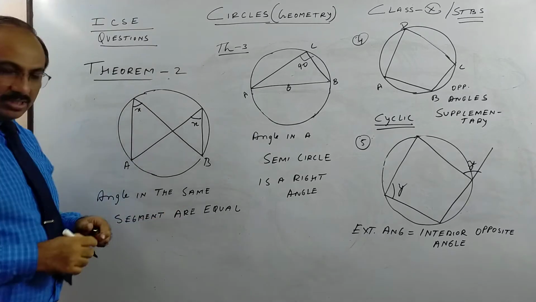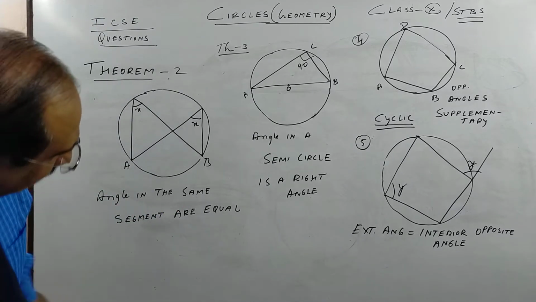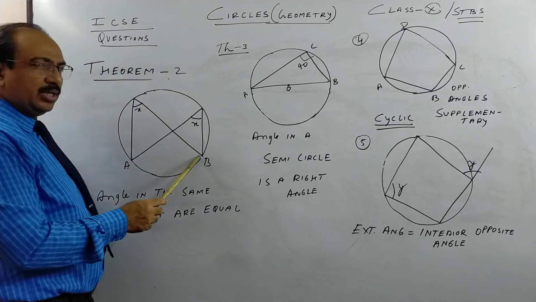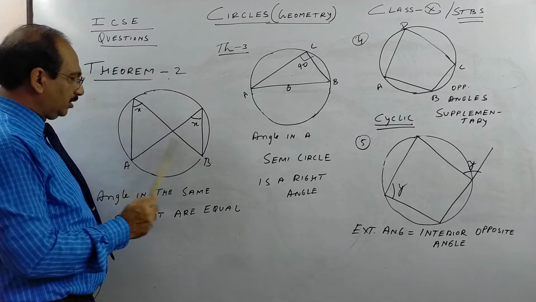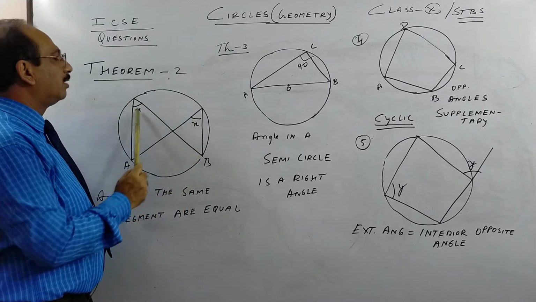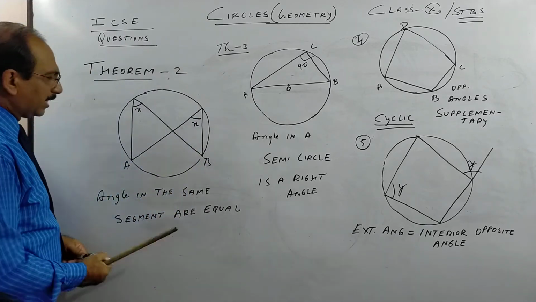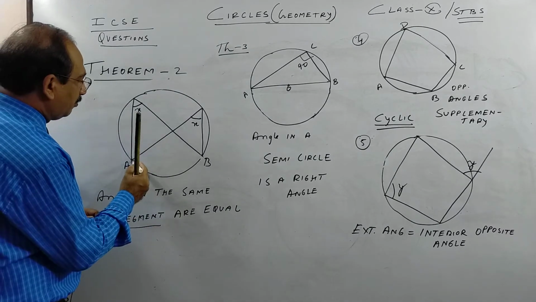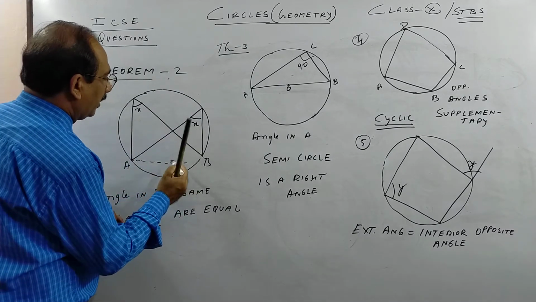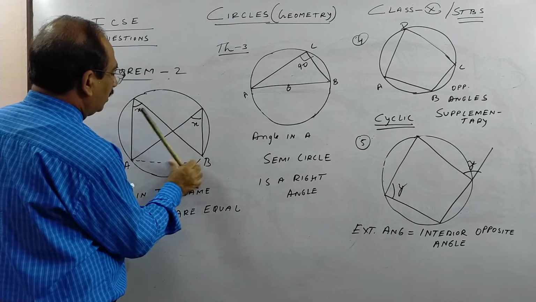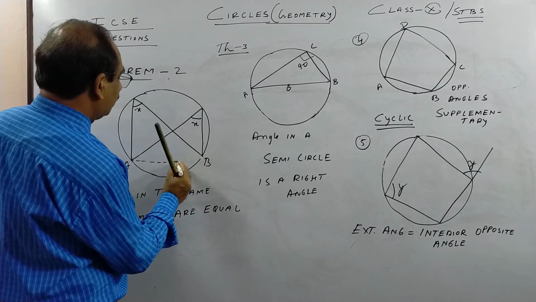Angles on the same segment, children. So we use the word segment. This is the segment I told you about in the first part of this video. So angles on the same segment. It can also be said to be on the same chord, but we use the word segment, because this is the basic thing. If you see, AB is your basic segment over here.